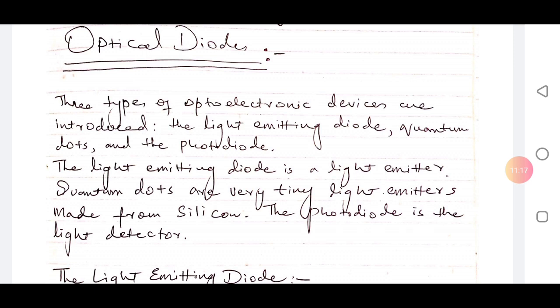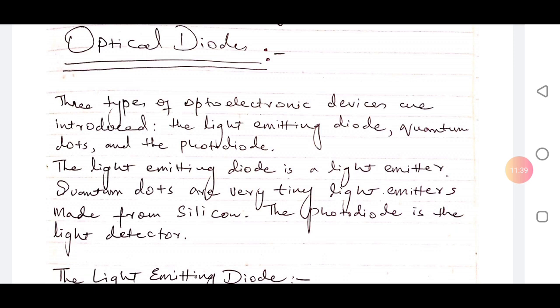So basically, these are the three types. The light emitting diode (LED) comes into the category of optoelectronic devices. Quantum dots also come into the category of optoelectronic devices, and the photodiode also comes into the category of optoelectronic devices.